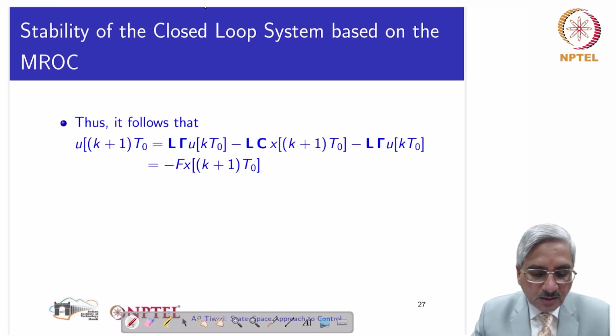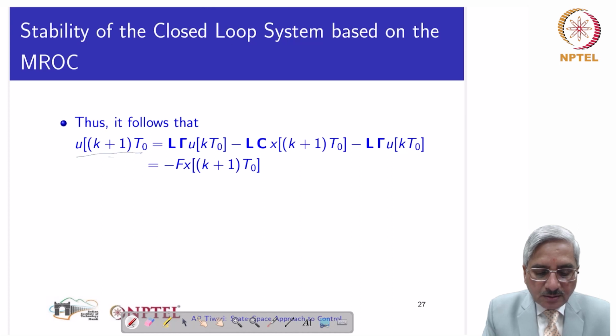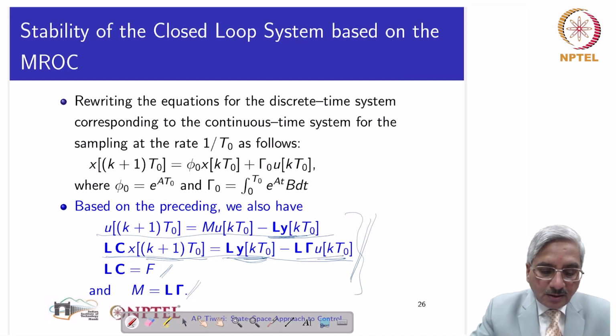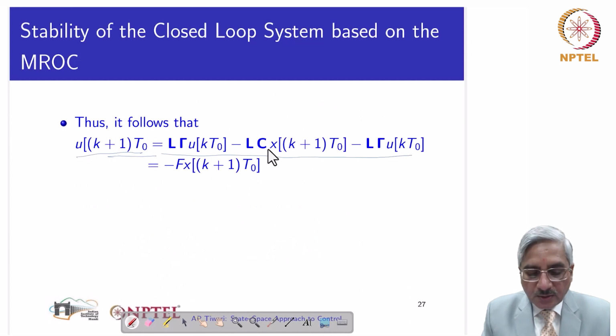Now what we do is, because this Ly is there, we can substitute Ly in terms of this and this in the equation for the input, and so we get these three terms. Two of them will cancel, and what will be left is this, and of course we know that LC is F. So U(k+1)T0 becomes minus F this.